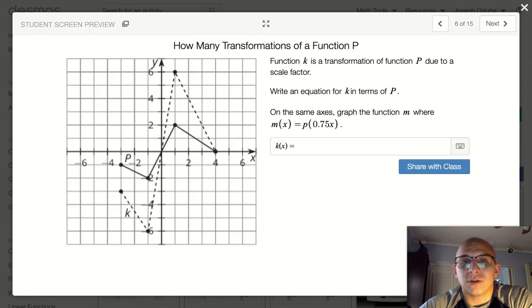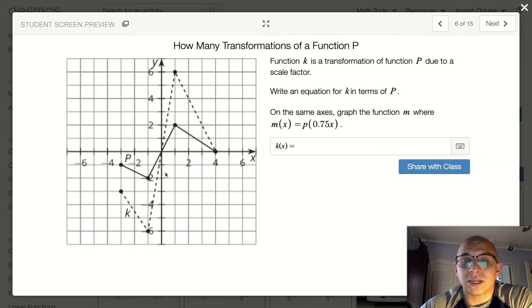Finally, we arrive here. Function k is a transformation of function p due to a scale factor. Write an equation for k in terms of p. Right, so we have function k is our dashed line. Function p is our solid line. Right, so what can we possibly do to p in order to create k?